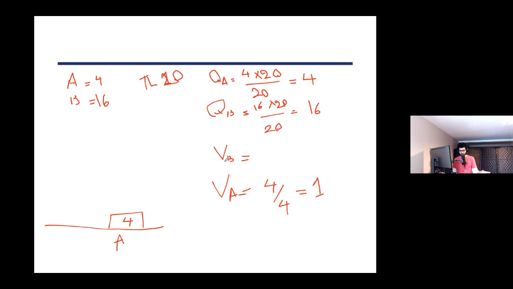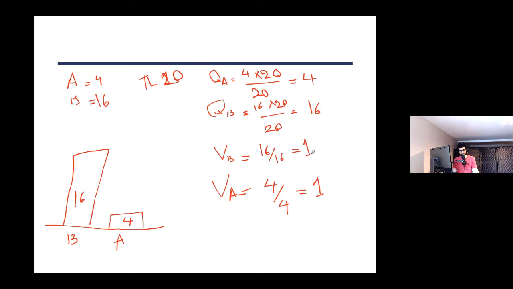Now we pick B. How long is it going to run? Well, 16, since the time quantum of B is 16. So B now runs for 16. And this is basically answering your question: how is B favored over A? You just saw that B got to run 16 milliseconds, whereas A only ran for 4 milliseconds, right? At the end of this process, the virtual time of B is going to be 16 divided by 16, which is 1.